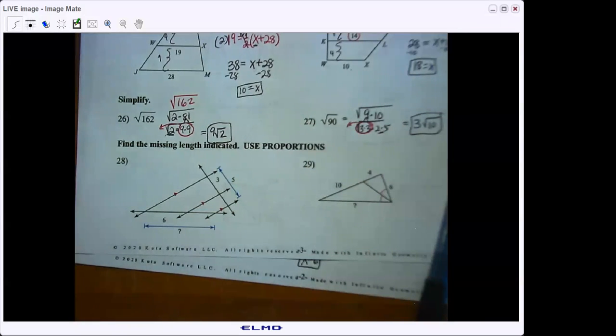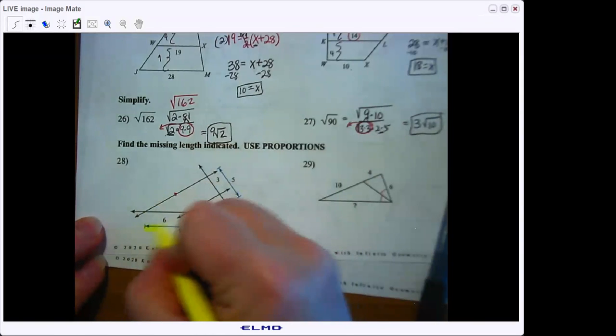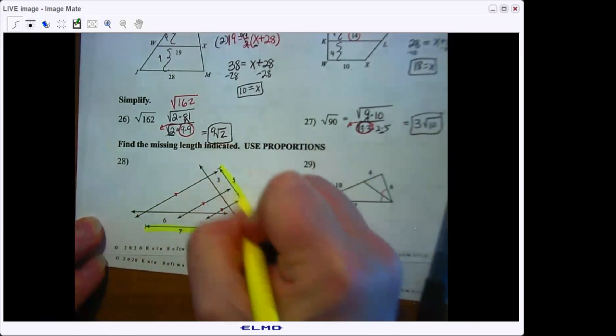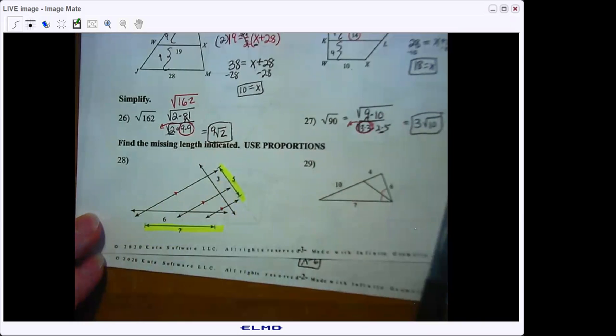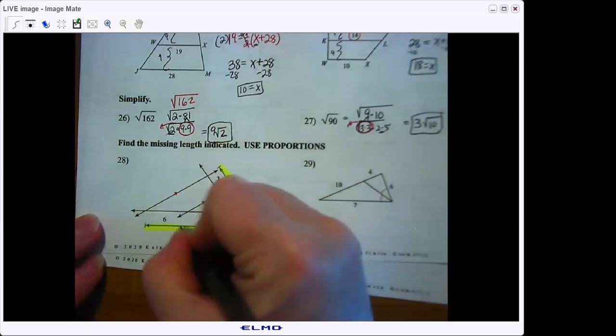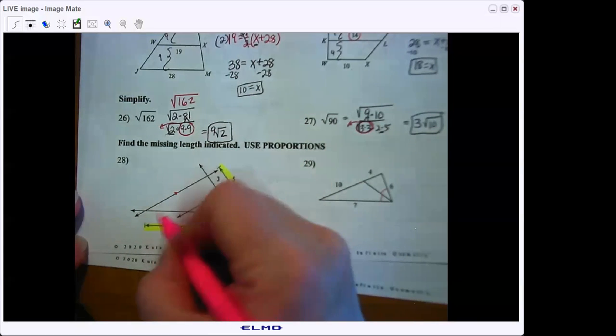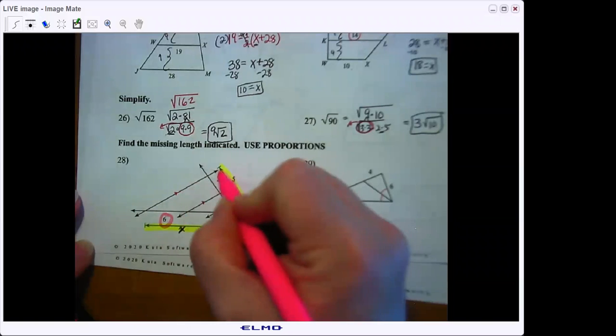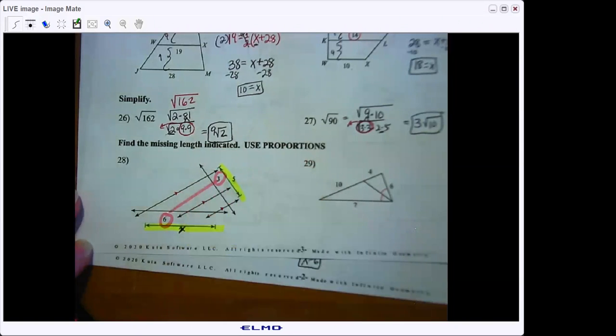Here we have the whole side, and here we have the whole side. This whole side, though, we'll call X. I do have a portion of the side. I have this side, which also corresponds to that side.